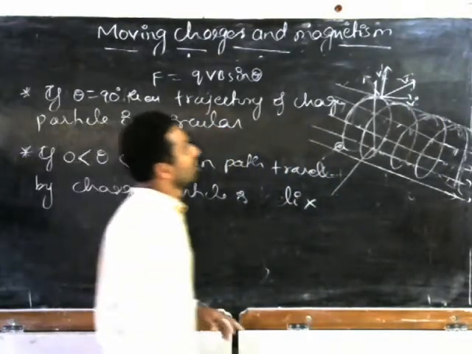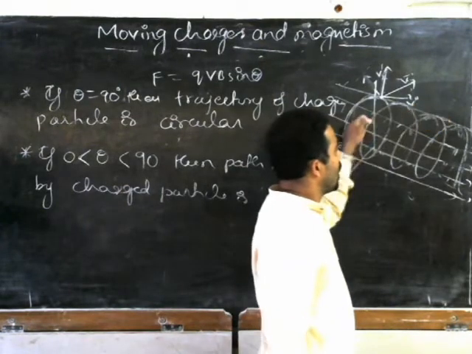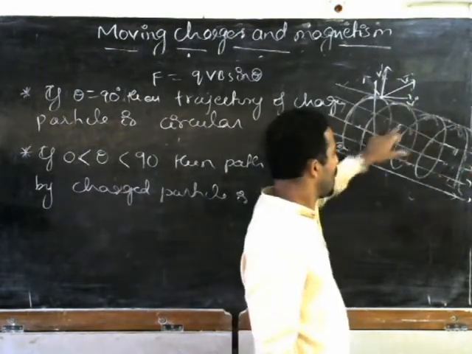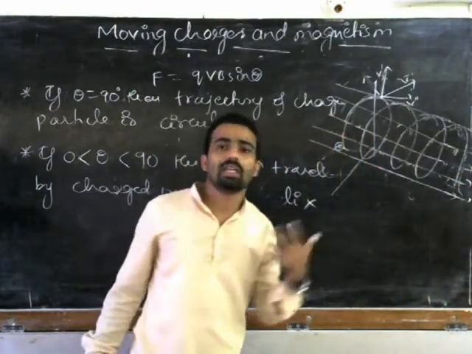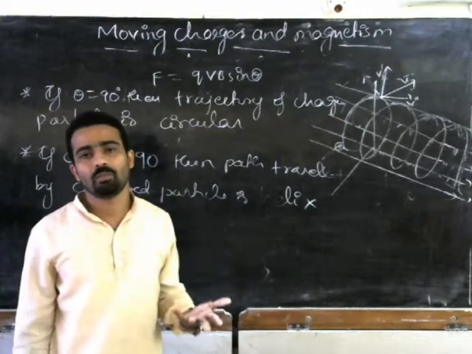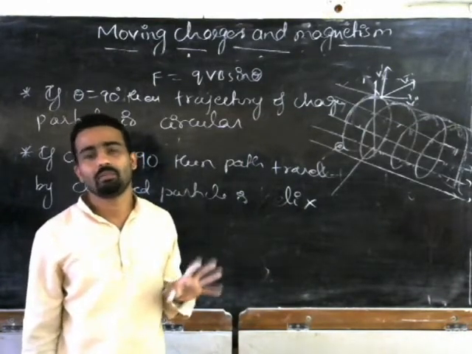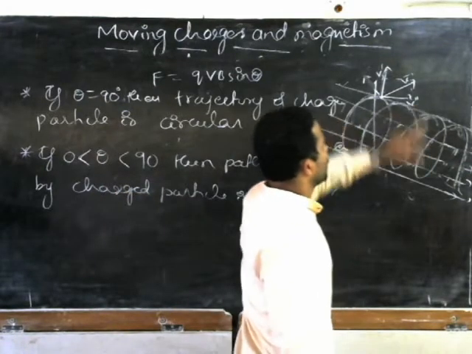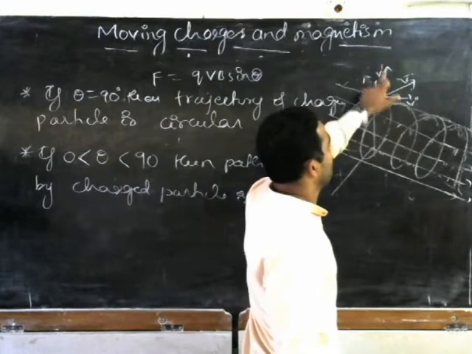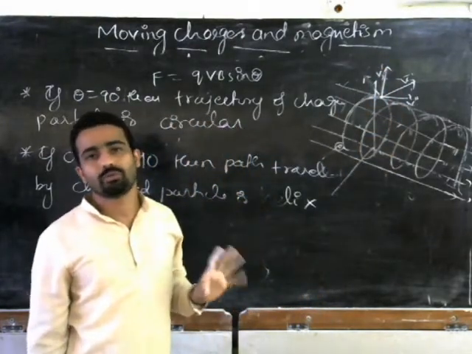Here v double dash is along the direction of the magnetic field. If the velocity is along the direction of the magnetic field, there will be no force acting upon the charged particle. And v dash is perpendicular, so it will experience a force.